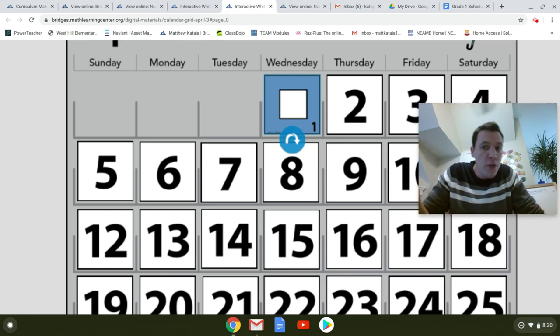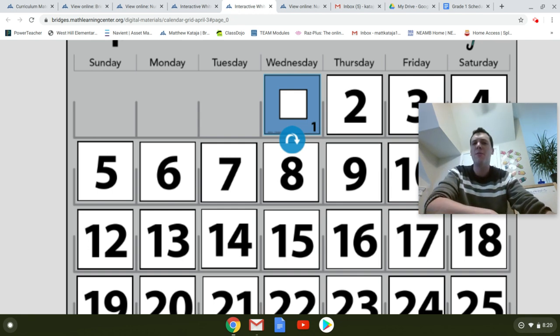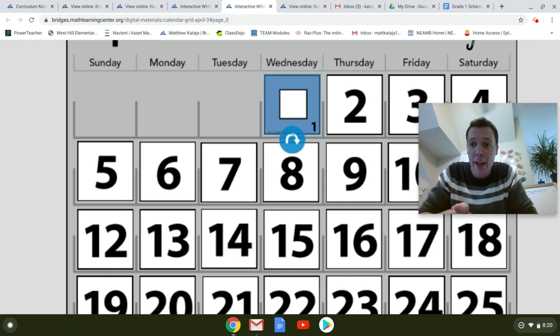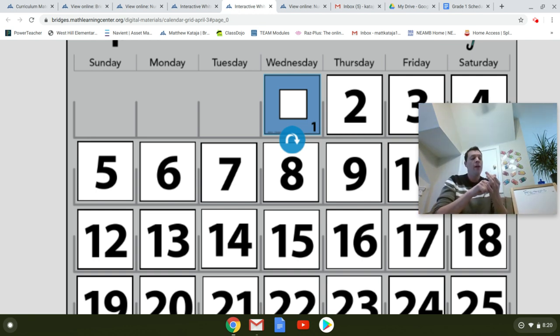And you may say, okay, Mr. K, I know about that. Now we're talking fractions. Let's see, and we did this before too. If you have a square and you need to cut it into equal parts, because remember, fractions are when you take a whole and you cut it into equal parts.